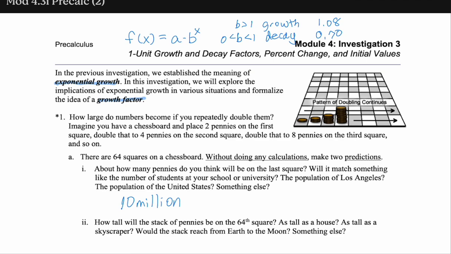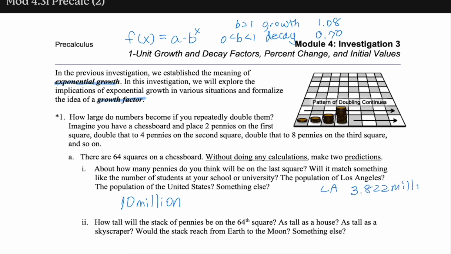The population of Los Angeles, I have no idea. Can somebody Google that for me? Tell me, what is the population of Los Angeles? She's on it. Isn't that silly? 3.822 million.